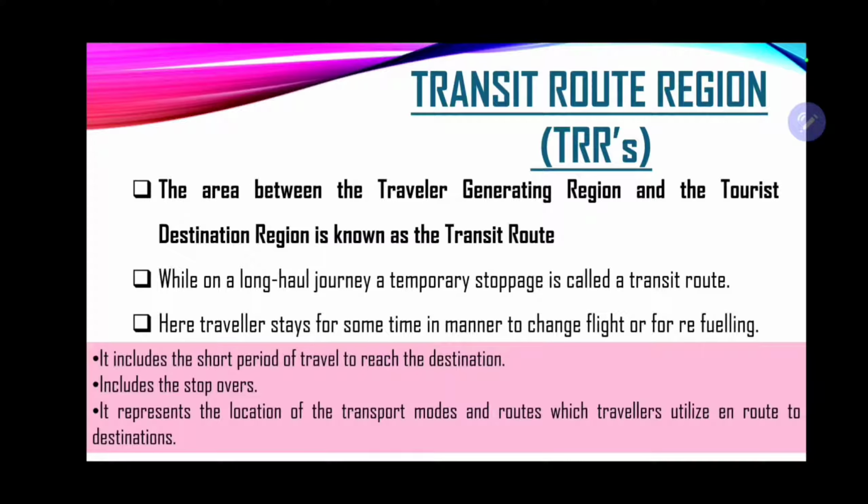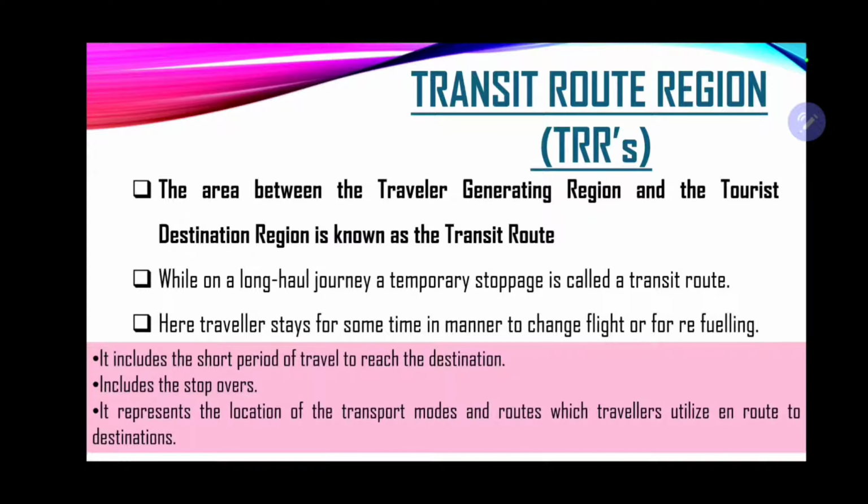Now, at the transit route region, travelers stay for some time in order to change flight, or it may be for refueling, right? And it may not only be flight, but it may be other forms of transportation as well. It may be a cruise ship, it may be train stations, etc. Now, it includes a short period of travel to reach the destination.